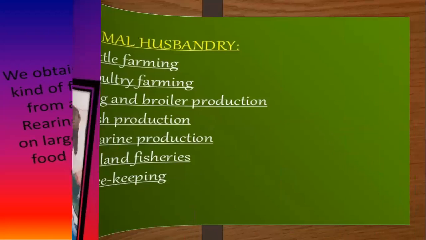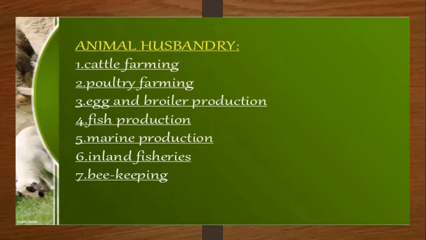Under animal husbandry we will see cattle farming, poultry farming, egg and broiler production, fish production, marine production, inland fisheries, and beekeeping. These are all studied under the heading of animal husbandry. Beekeeping means keeping honey bees and so on.